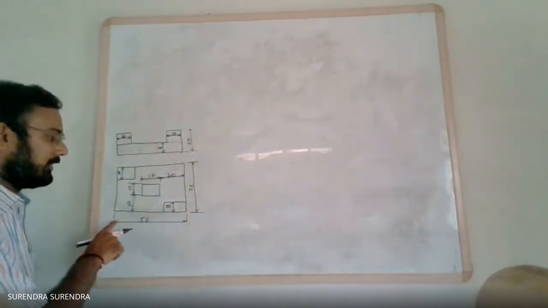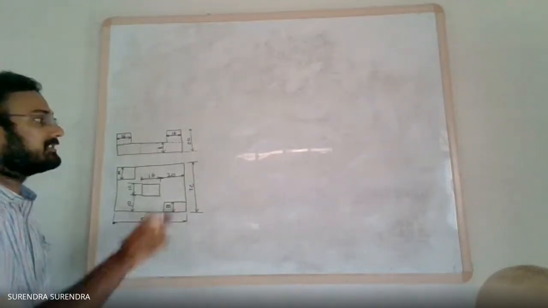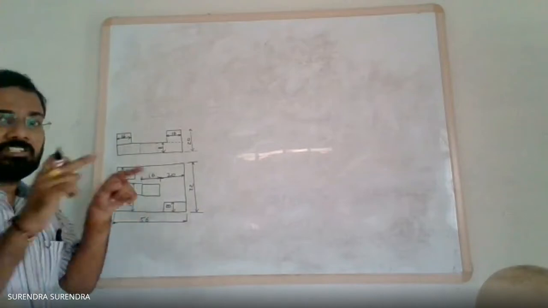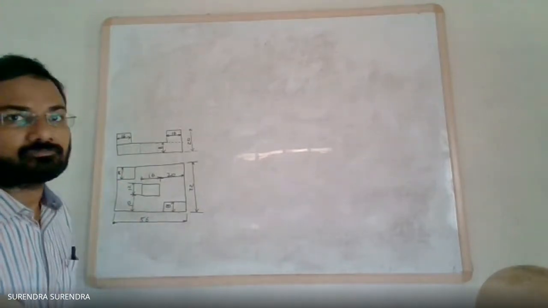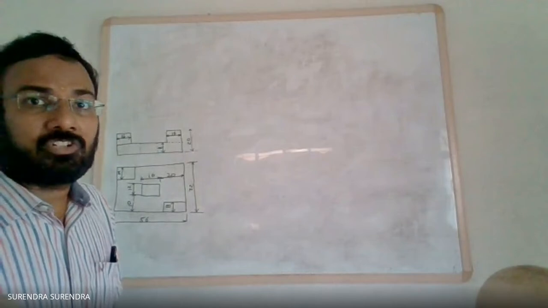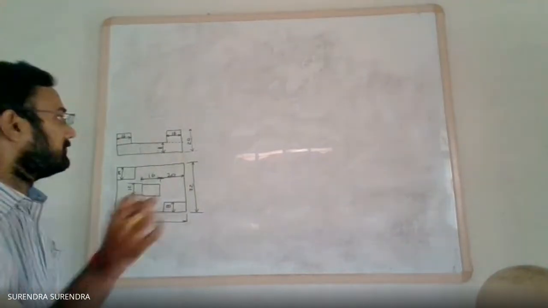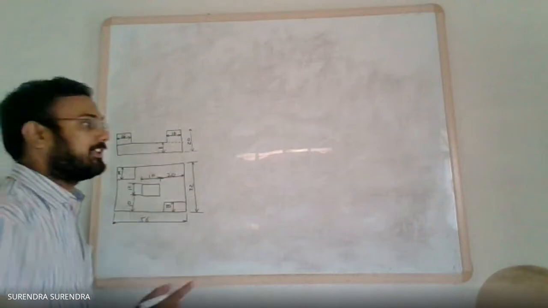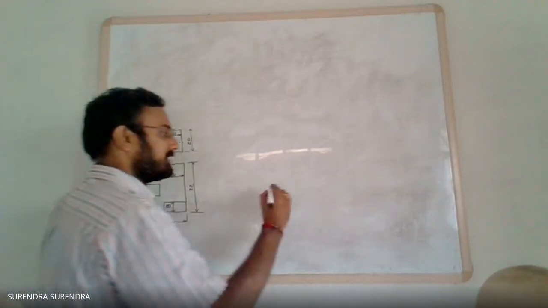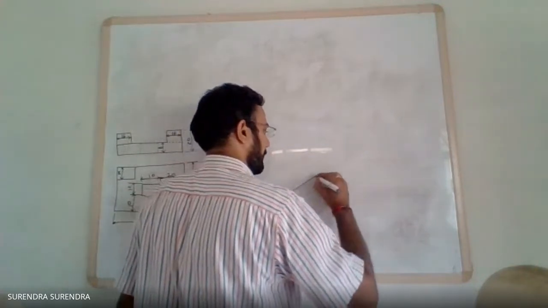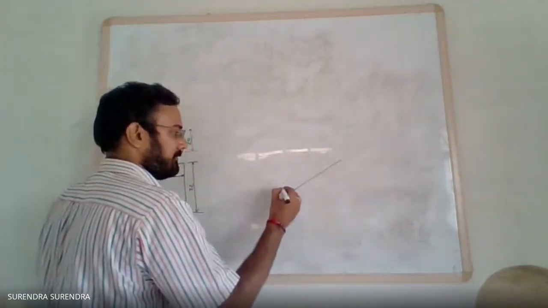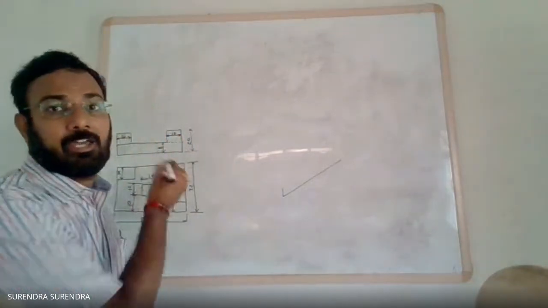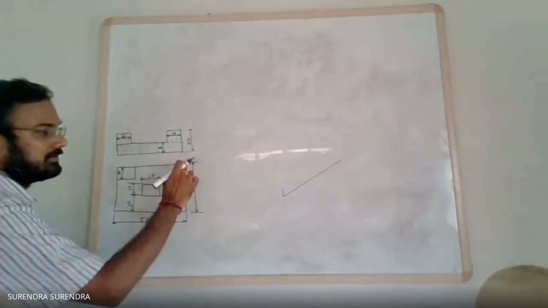From the reference point, width is 56, height 20 mm. Or first let us draw the base block. First let us draw the base block. The base has a height of 8 mm, width 56 mm, 8 mm height, depth 32 mm.